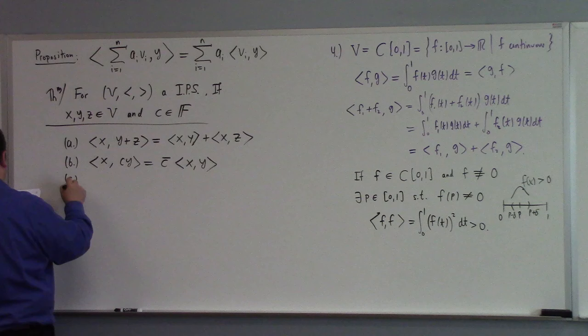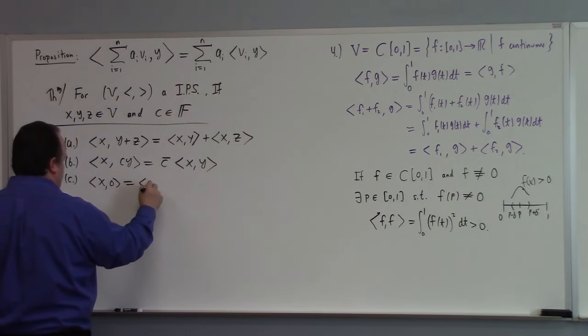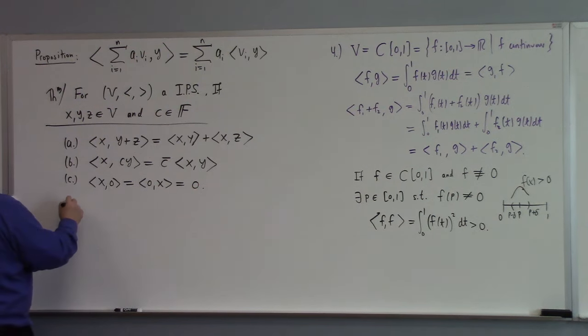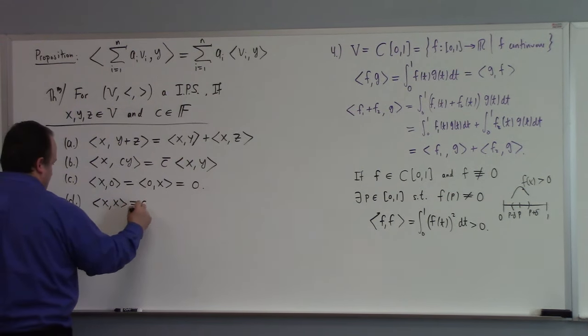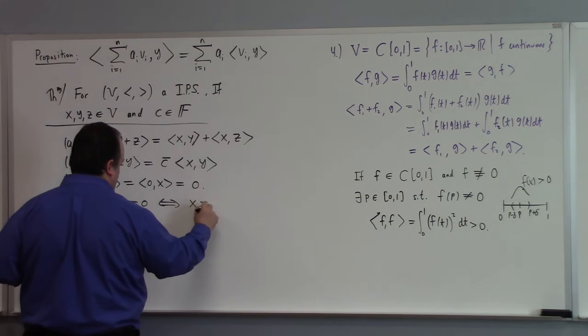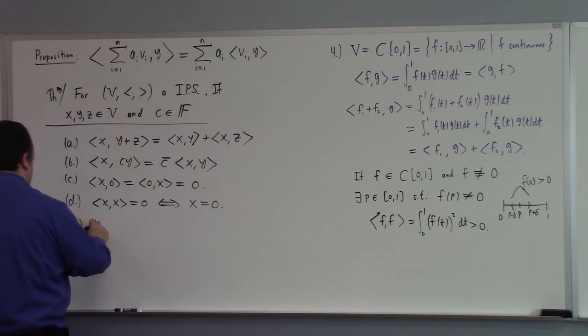C, the inner product of x and 0 is equal to the inner product of 0 and x, which is 0. D, the inner product of x and x is equal to 0 if and only if x is equal to 0. And then E is a kind of cancellation property.